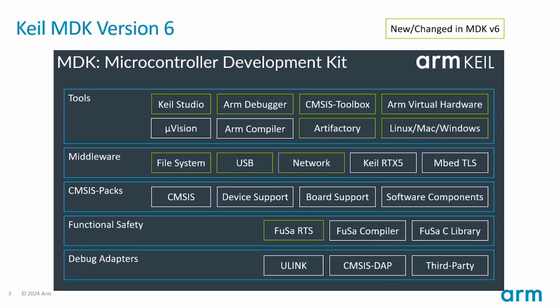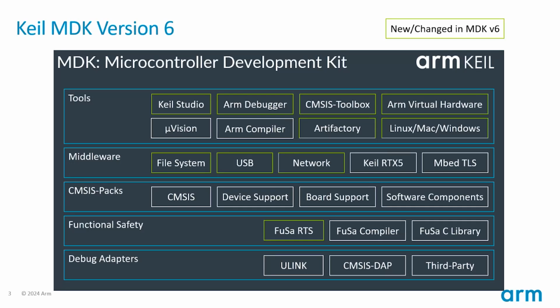And the other thing that has changed is that in functional safety, if you buy the MDK Professional Edition, you not only get access to the FUSA compiler and the C library, but also to our functional safety runtime system that helps you creating functional safe embedded projects using our Keil RTX that has been certified for FUSA applications.